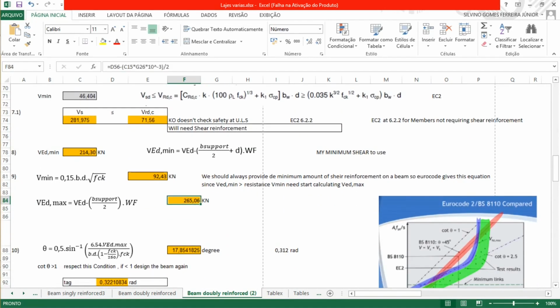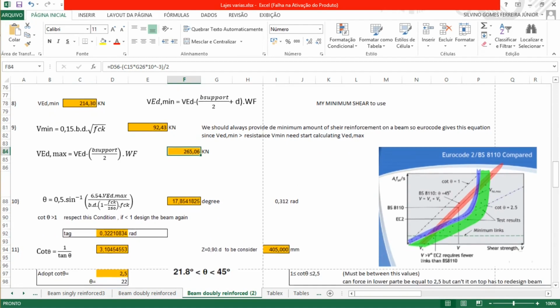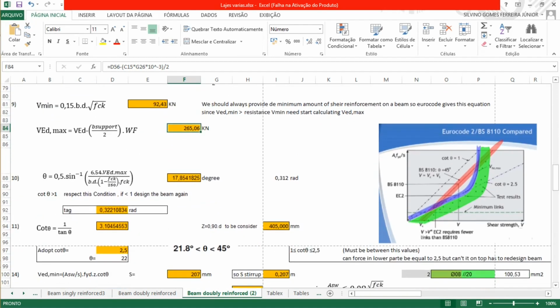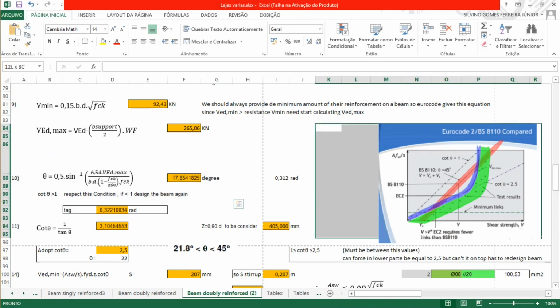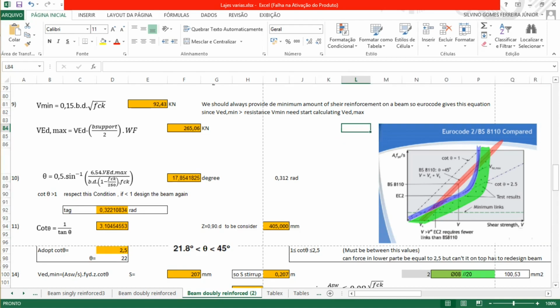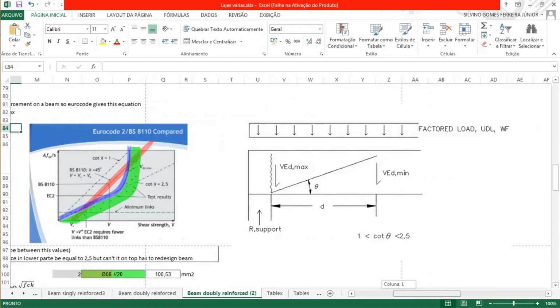Okay, we can know from here even the angle. Now we have this, we could know the angle is given by this equation. The cot of theta is bigger than 1, so we are safe. We have this graphic in the Eurocode that we can compare with the British code BS 8110. In the Eurocode they limited the angle of the cracking that we see, theta.